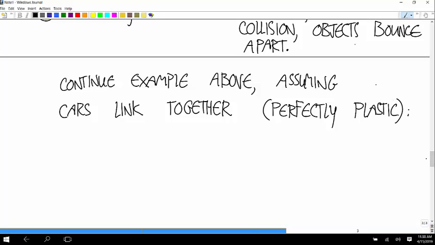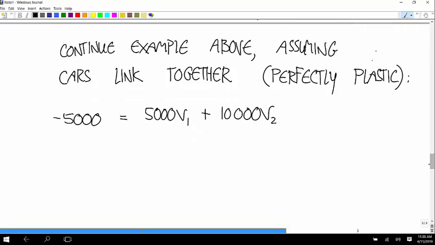All right, well, we know we have this equation that says negative 5,000 is equal to 5,000 V1 plus 10,000 V2. Now we'll just say that V1 is equal to V2. We'll just call it V. That's the velocity of the thing after the collision.